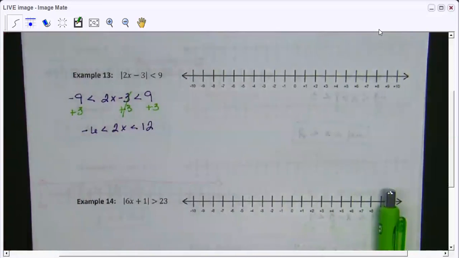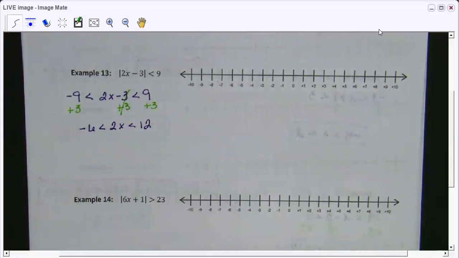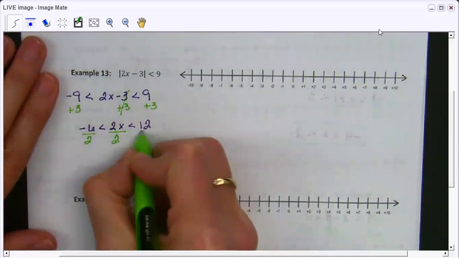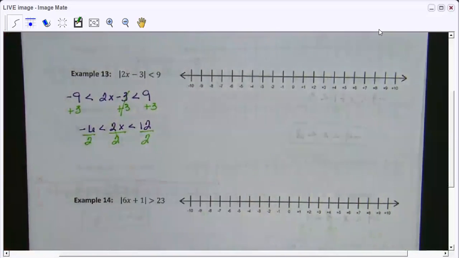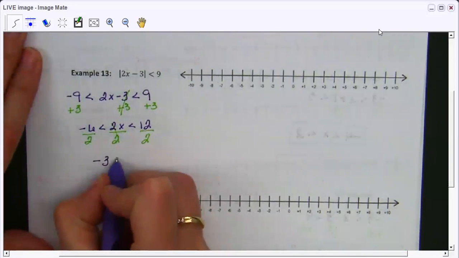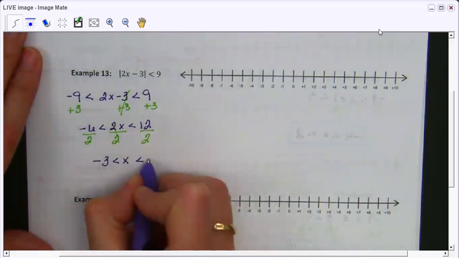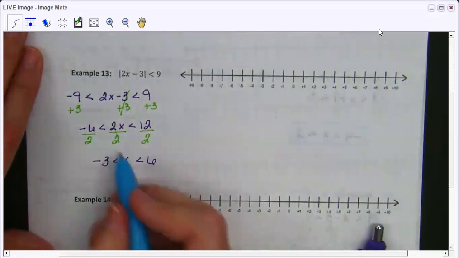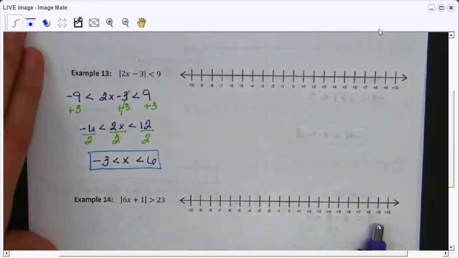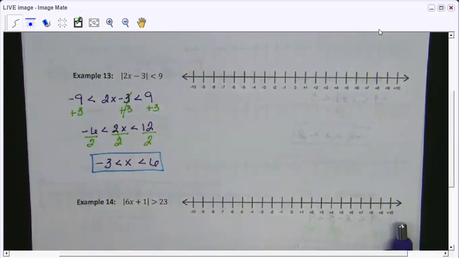And then we get rid of the 2 by dividing all 3 sides by 2. So you're basically just taking everything that you've learned about equations and inequalities and applying it to this. Okay, and then graph it.